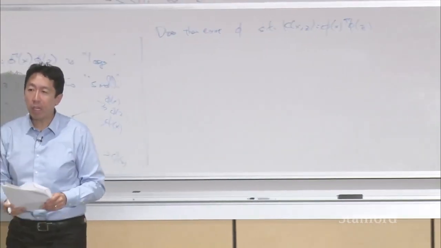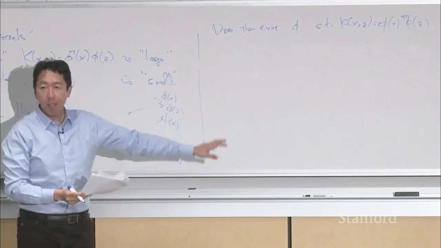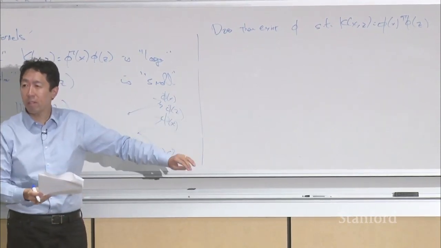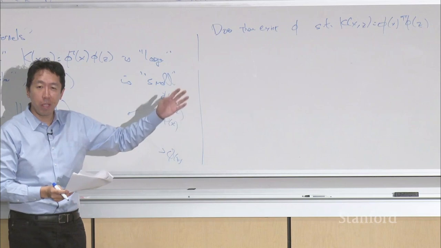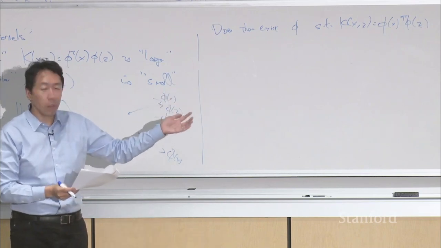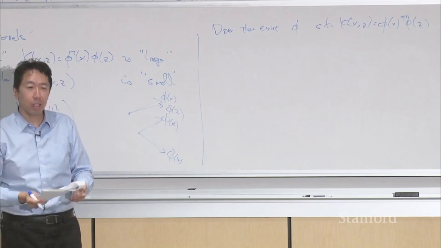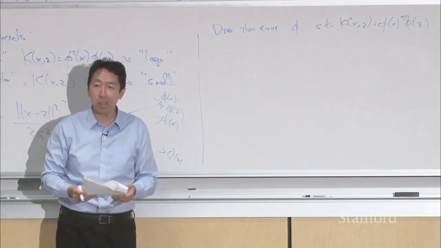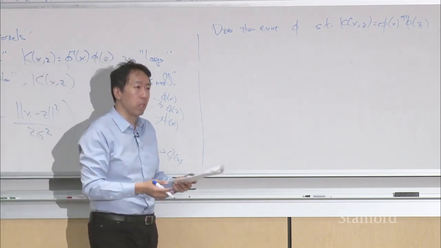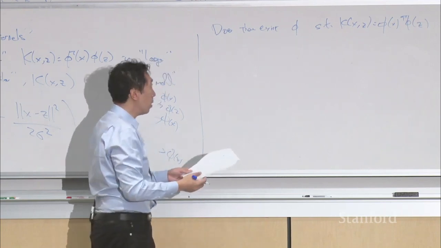We derived the whole algorithm assuming this to be true, and it turns out if you plug in a kernel function for which this isn't true, then all of the derivation we wrote down breaks down, and the optimization problem can have very strange solutions that don't correspond to a good classifier at all.